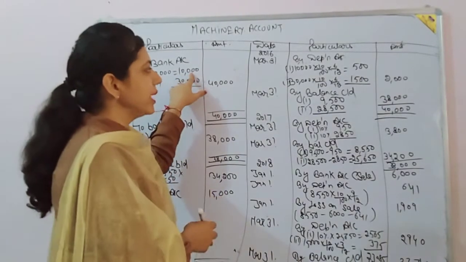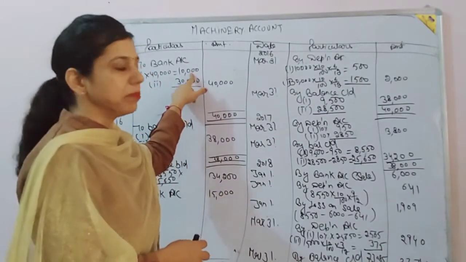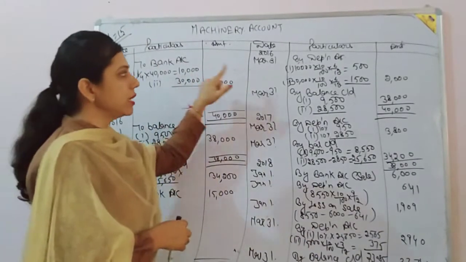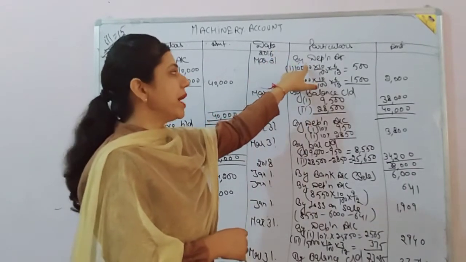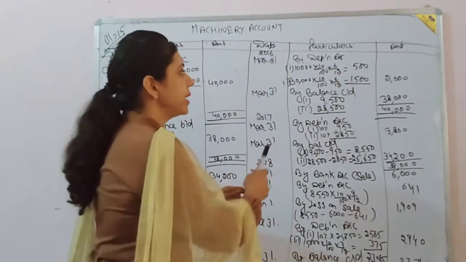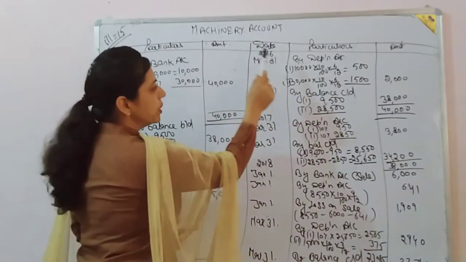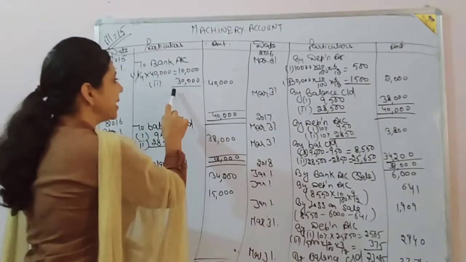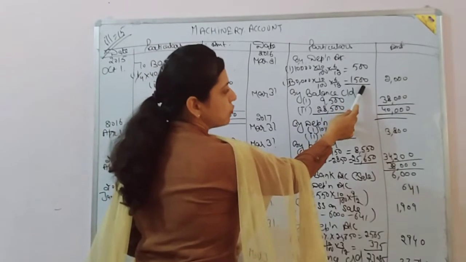Now you have to calculate depreciation by the diminishing balance method at the rate of 10%. The asset was purchased on October 1, and the year closes on March 31st, so the next year begins. By depreciation account, 10,000 at 10% for 6 months, October to March, is 500, and the remaining 30,000 at 10% for 6 months is 1,500.